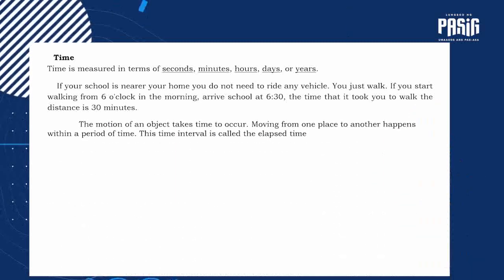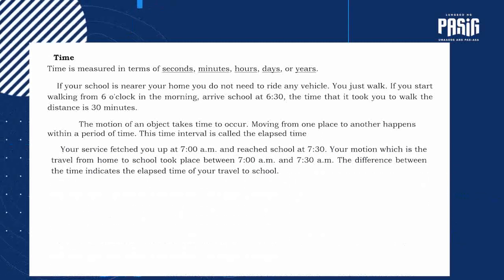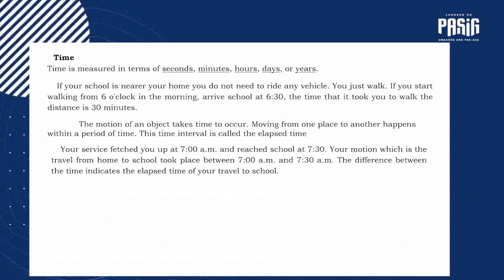The motion of an object takes time to occur. Moving from one place to another happens within a period of time. This time interval is called the elapsed time. Your service fetched you at 7 o'clock a.m. and reached school at 7:30.